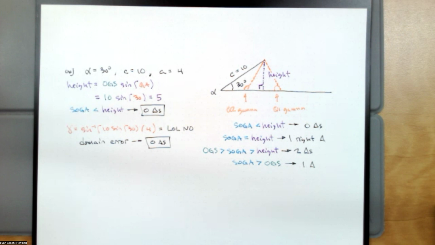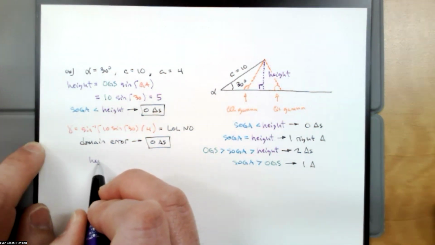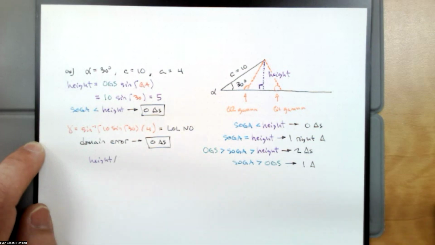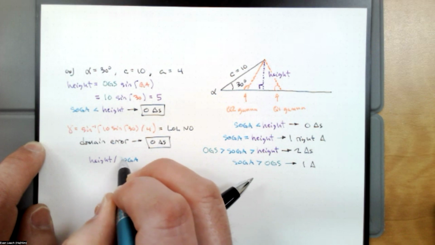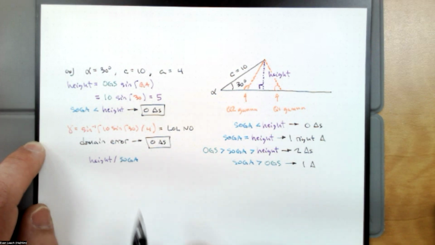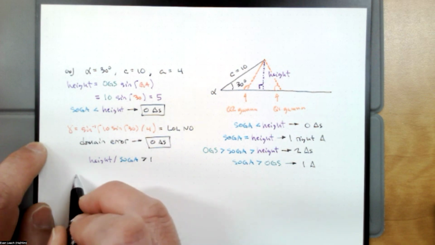Domain error means we're trying to find an angle with a sine inverse of 1.25. If the side opposite the given angle is less than the height, then the height divided by the side opposite the given angle will be greater than 1, and no angle has a sine greater than 1.